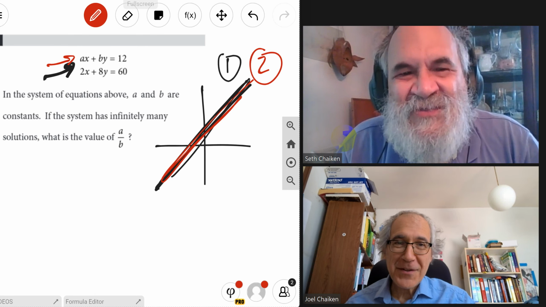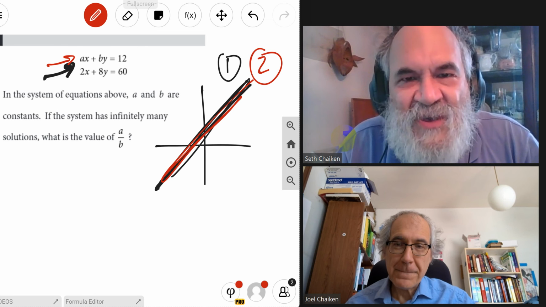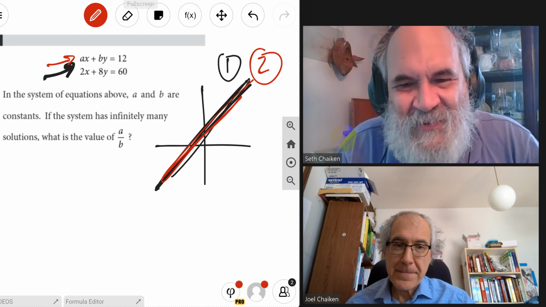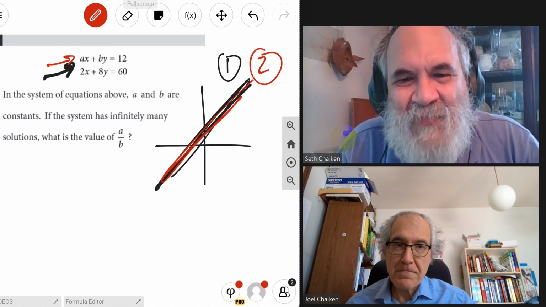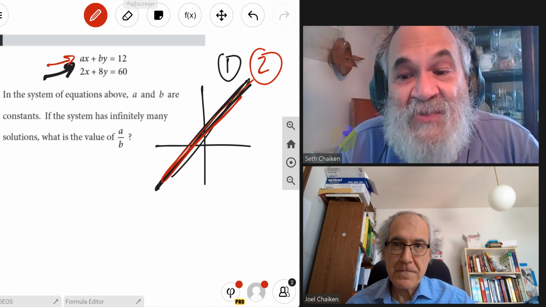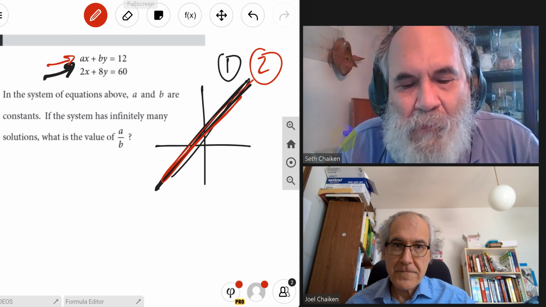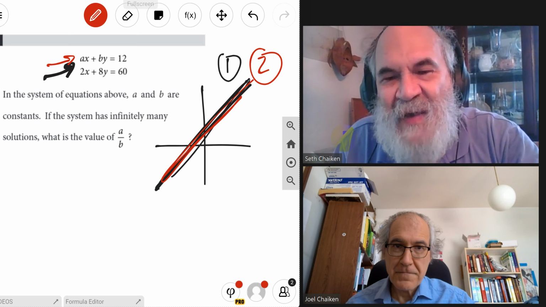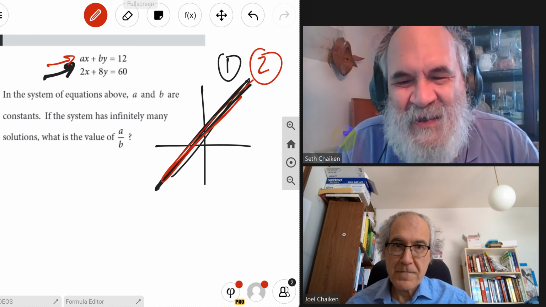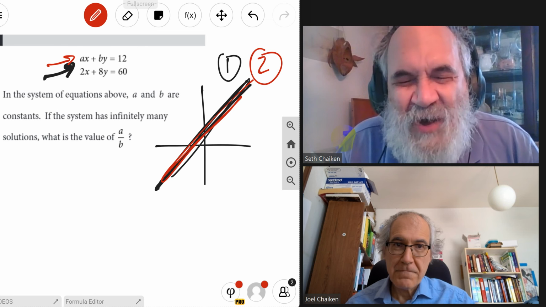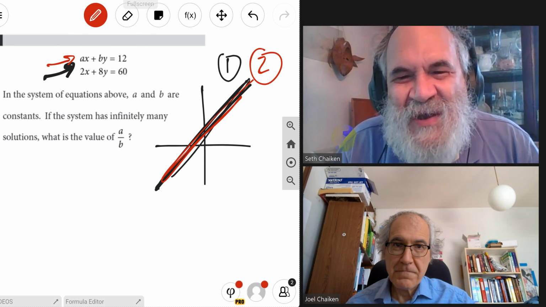The lines are the solution sets of the equations. The set of points on the line is the set of pairs of x and y, precisely those that satisfy the equation.